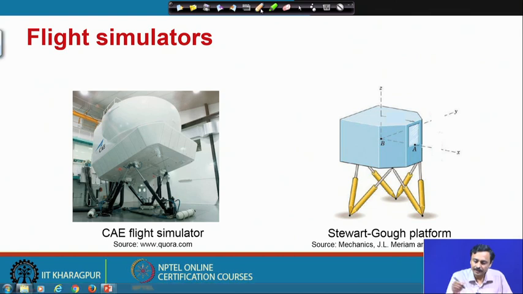So, here is the cockpit, where the various instruments and the control panels are present. The pilot sits inside this cockpit and you have these actuators which expand or contract. These might be hydraulic or pneumatic actuators which are controlled in order to generate different kinds of motion of the cockpit.